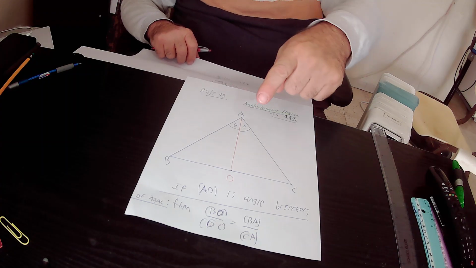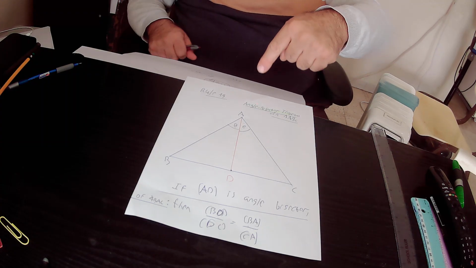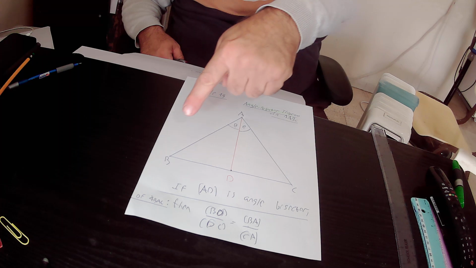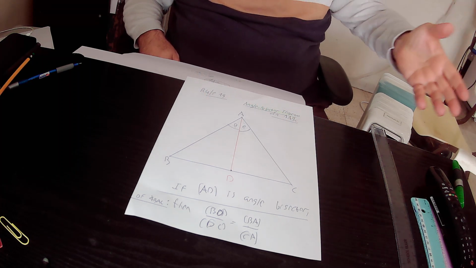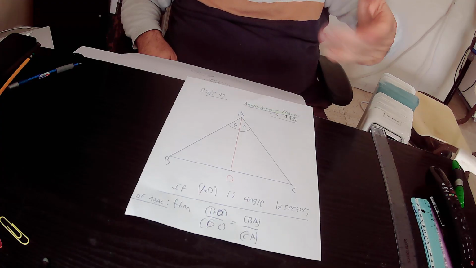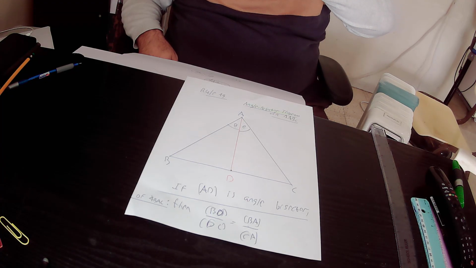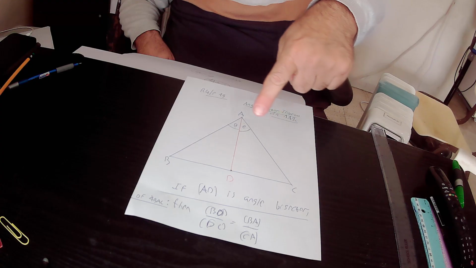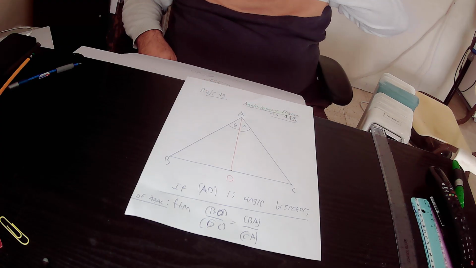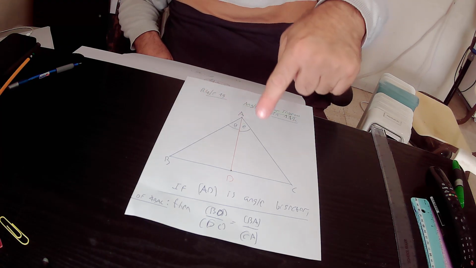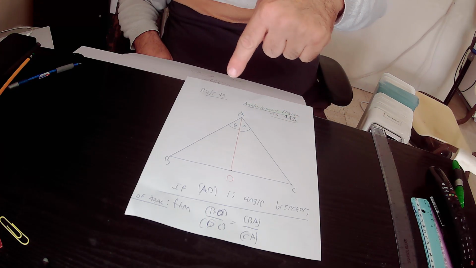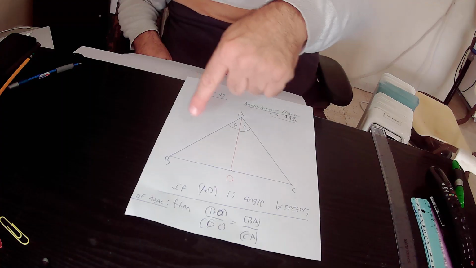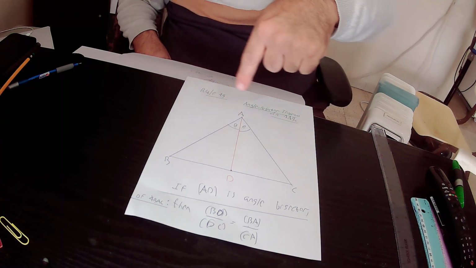In this triangle ABC, if we know that AD is the angle bisector of this angle BAC, then the following relationship exists between the sides of this triangle ABC. BD over DC equals AB over AC.